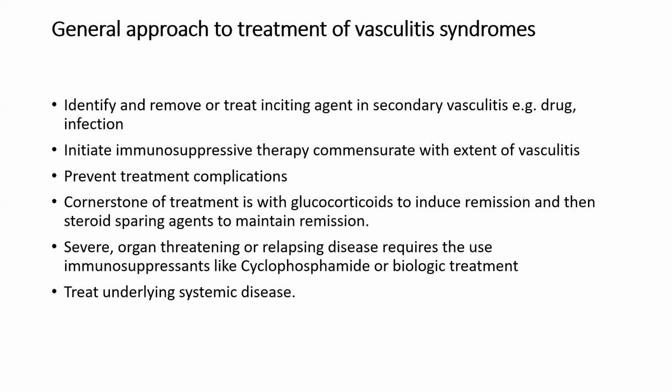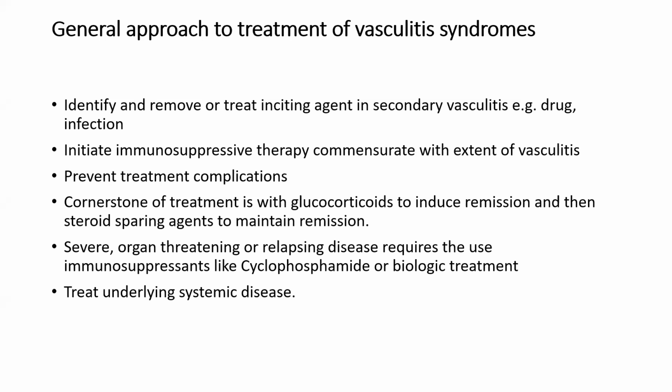The treatment is usually with immunosuppressive therapy, and you need to initiate immunosuppressive therapy according to the extent of the disease. So how you will treat small vessel vasculitis showing cutaneous vasculitis will be different from how you treat vasculitis affecting the kidneys or the lungs, causing organ-threatening disease. And the immunosuppressants we use have complications which we need to prevent whilst we treat.